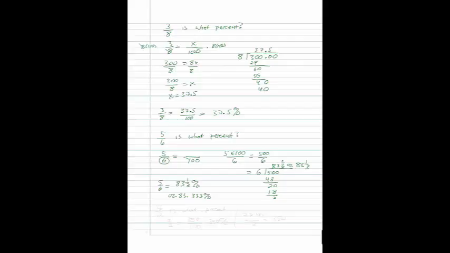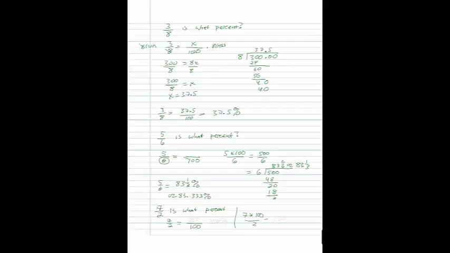Please recognize that numbers could be more than 100%. For example, if I had 7 over 2 is what percent? We're going to again say 7 over 2 is what over 100? And using the rule I just showed you, multiply across where you can. 7 times 100 divided by 2.